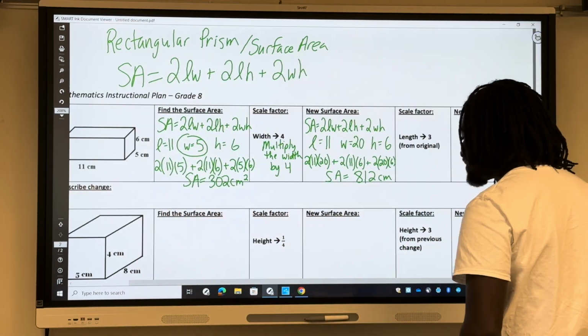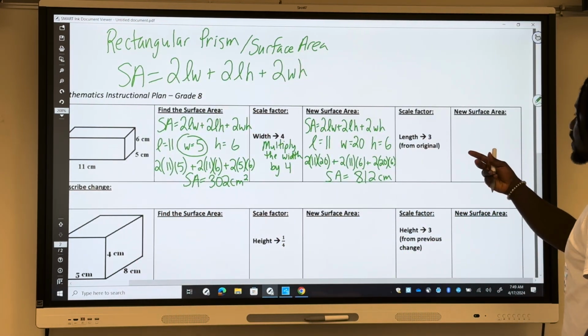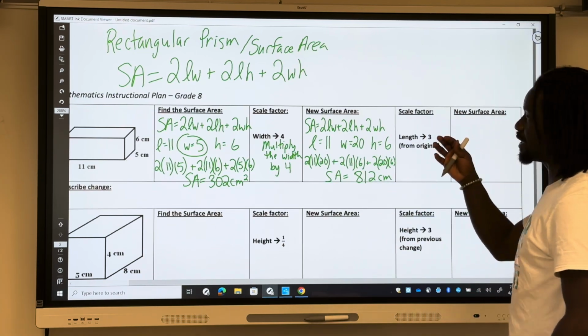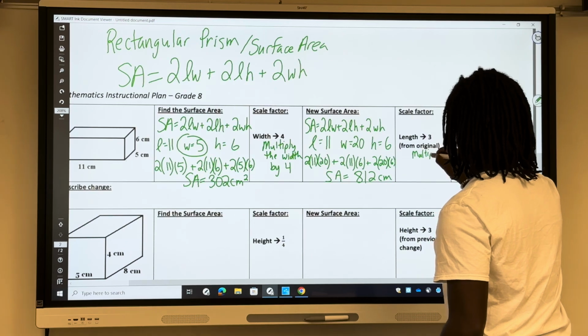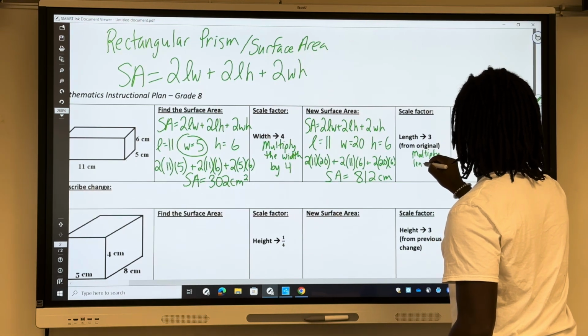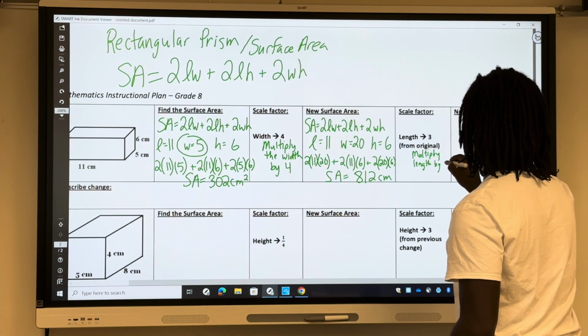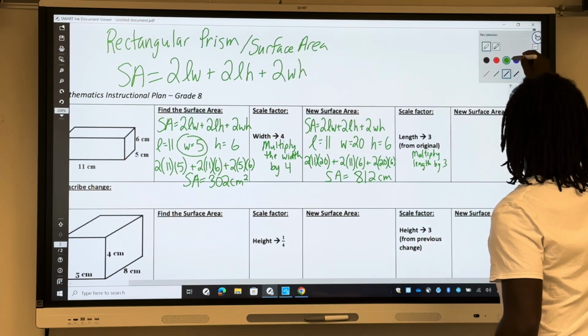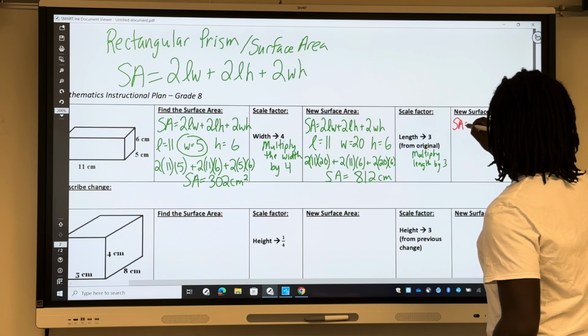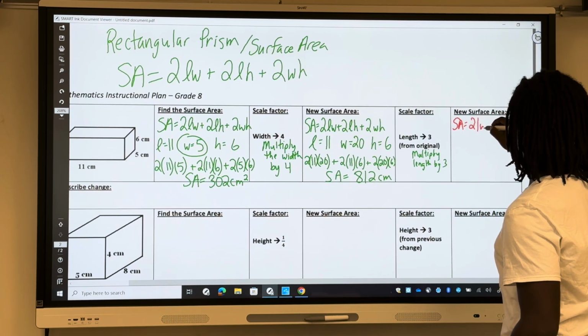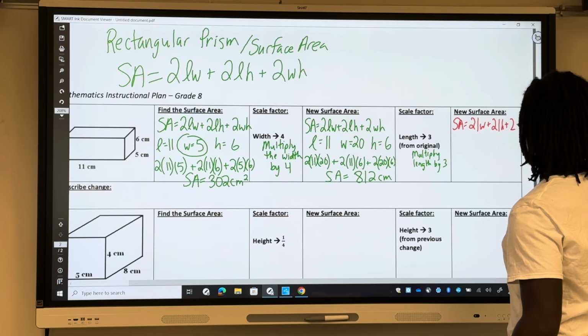This time the length is increasing by 3. So I am multiplying this by the length. Okay, length by 3. All right, I'll write in a different color this time. All right, so again, write in my formula, 2LW plus 2LH plus 2 width and the height.